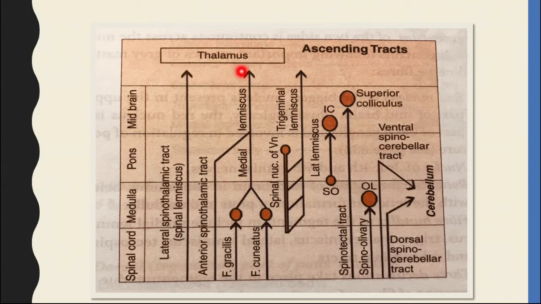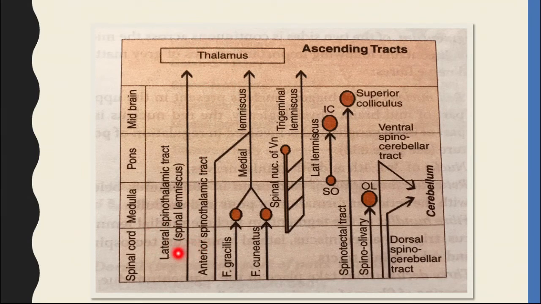All the sensations which are supposed to reach any part of the cerebral cortex have to travel through the thalamus. So, the thalamus is the gateway for the sensory fibers. The parts which end on the cerebral cortex, these two, pass through the thalamus.